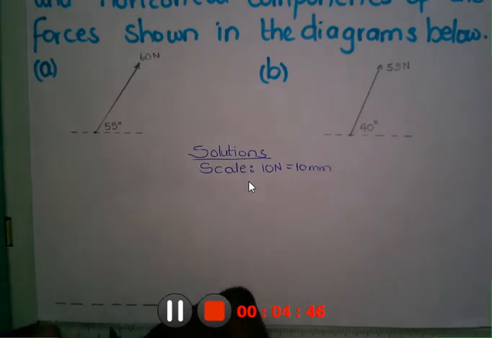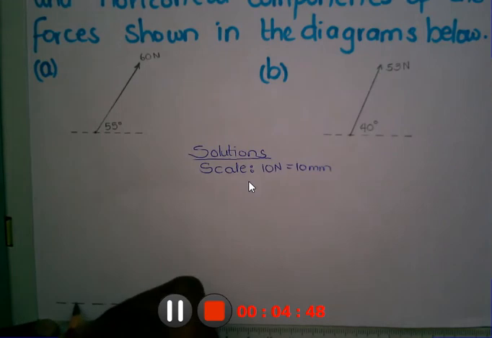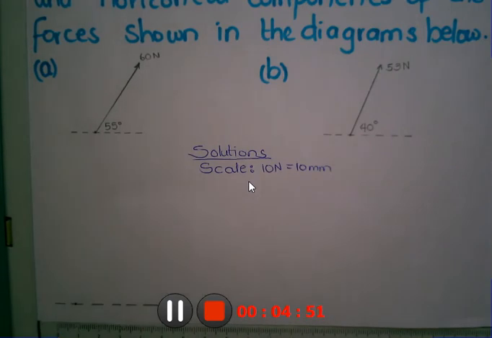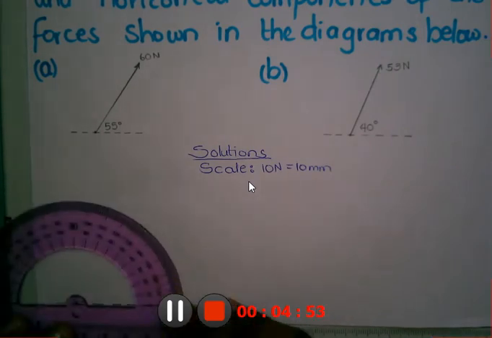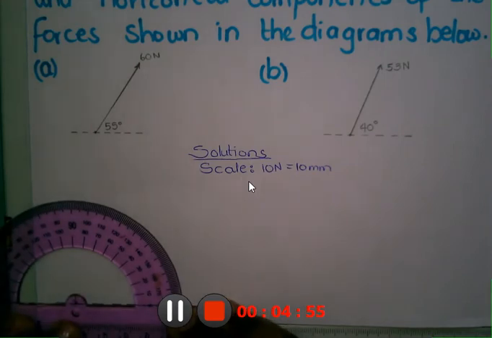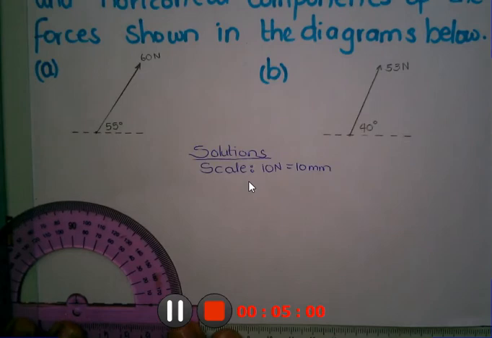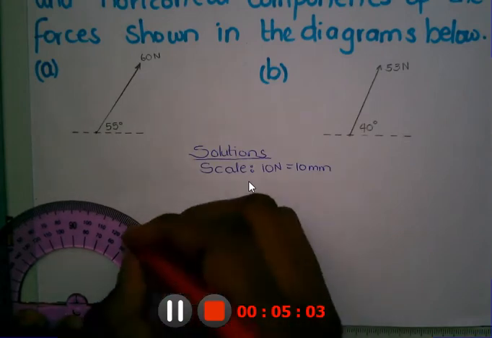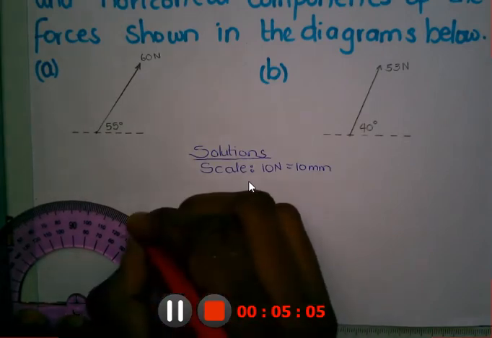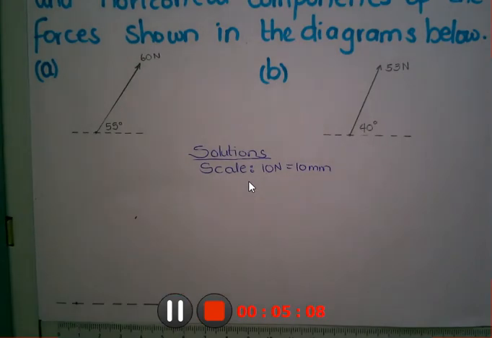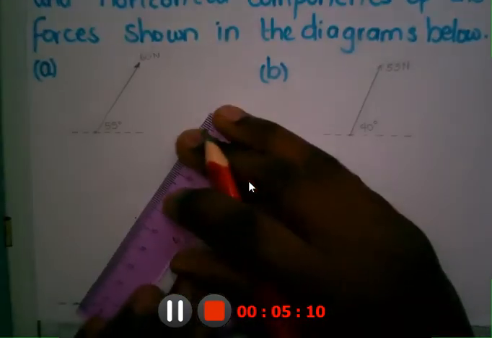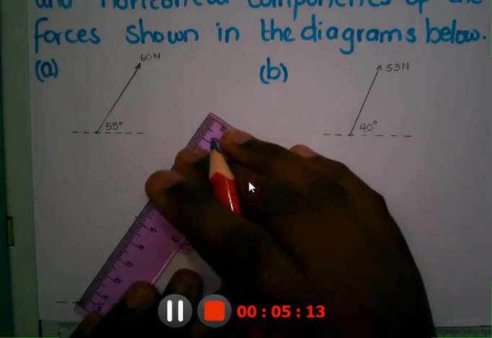Now, I will choose a point where I will start. Let me say this is the point where I will measure the 55-degree angle from. See that? So my 55-degree angle will be there. You take your ruler, mine is a combination, and you mark off 60 newtons.